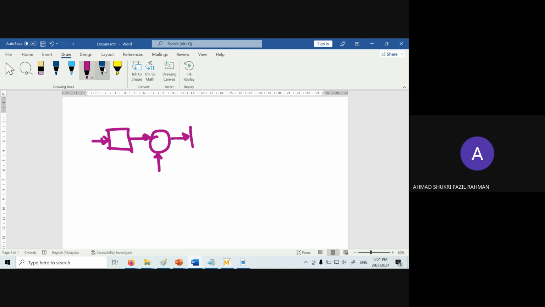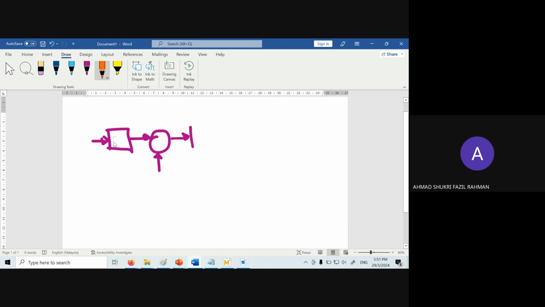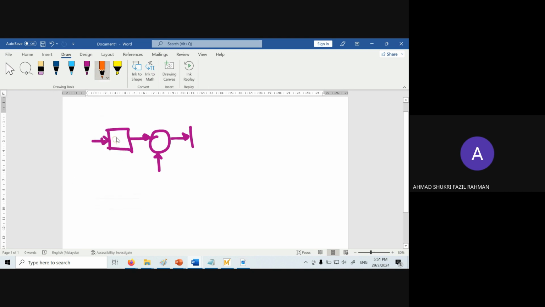This is G1(s), then G2(s), then G3(s), and then here we have H1(s), minus H2(s), plus H3(s).